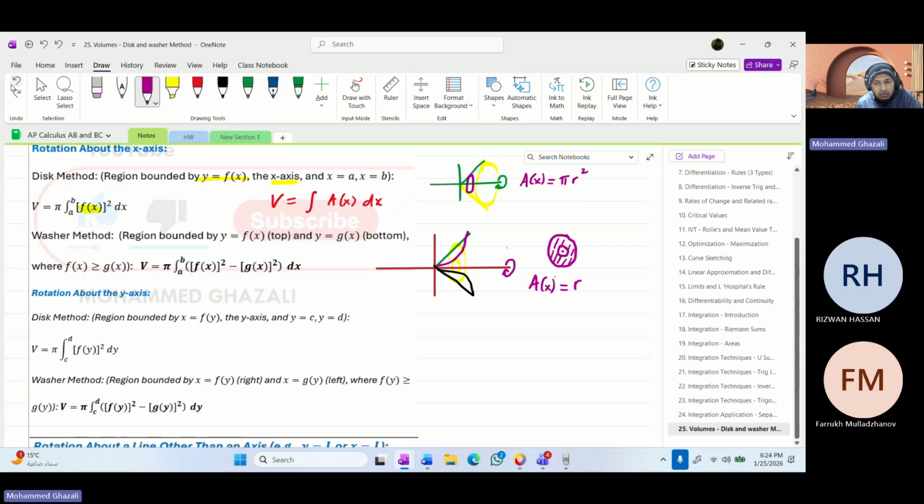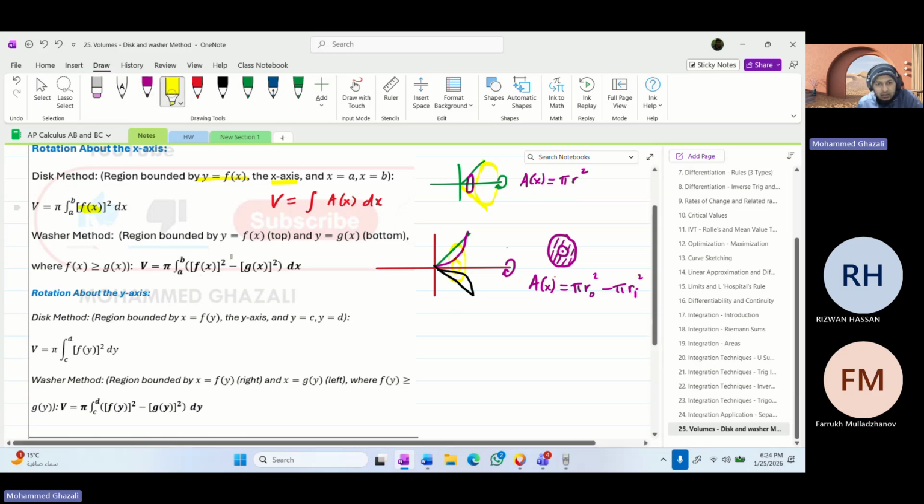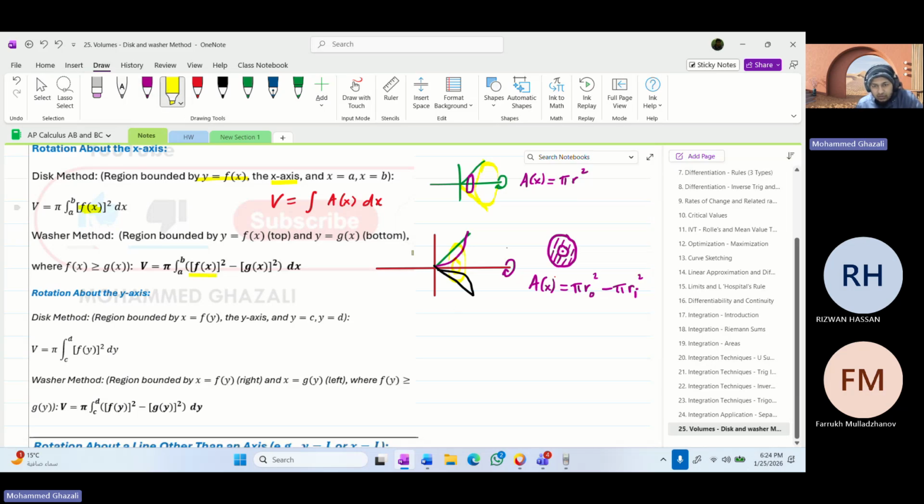Remember, we're finding area, so it's pi r squared: pi times the outer radius squared minus pi times the inner radius squared. So f of x is the outer radius, which is the top part, and this is the inner radius, which is the bottom part.